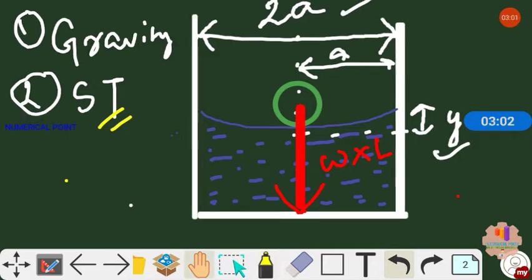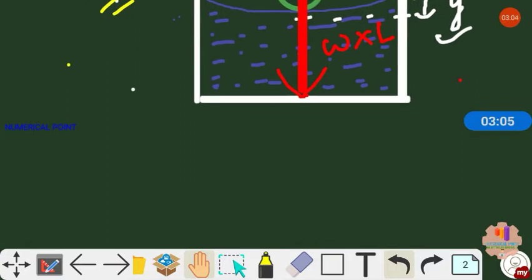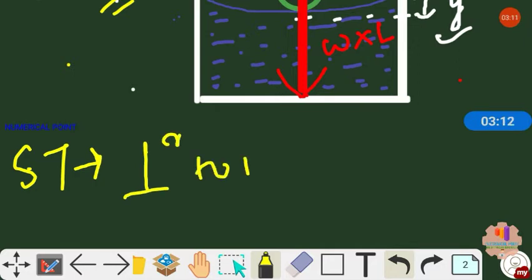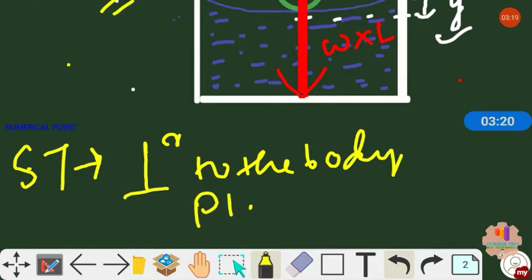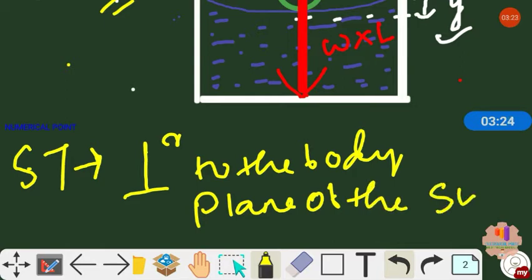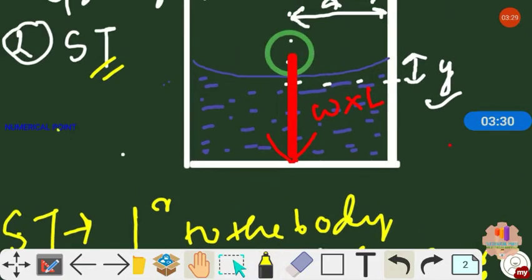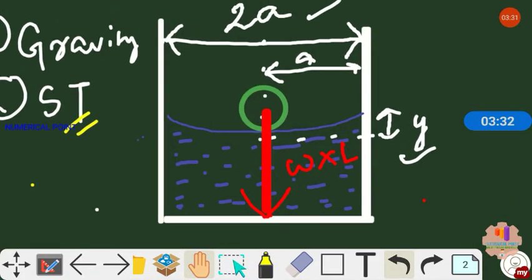Here I am writing the statement: surface tension force acts perpendicular to the body and in the direction of the plane of the surface. If the surface tension force is in the plane of the surface, then it will be in a tangential direction.